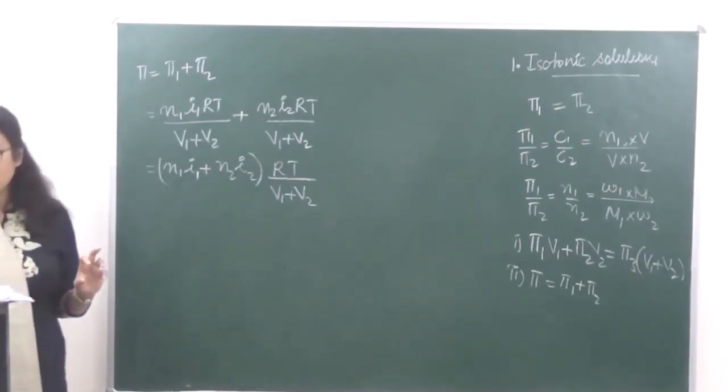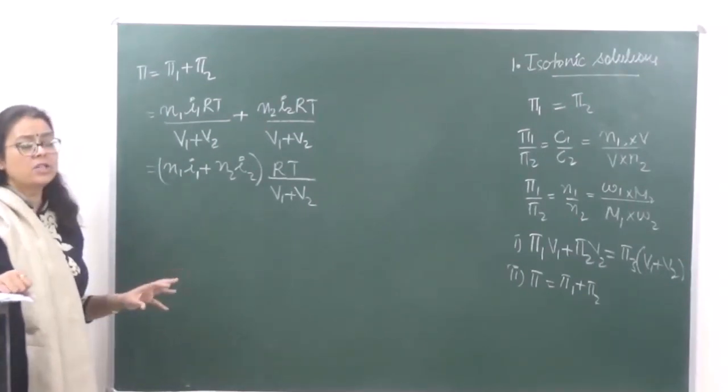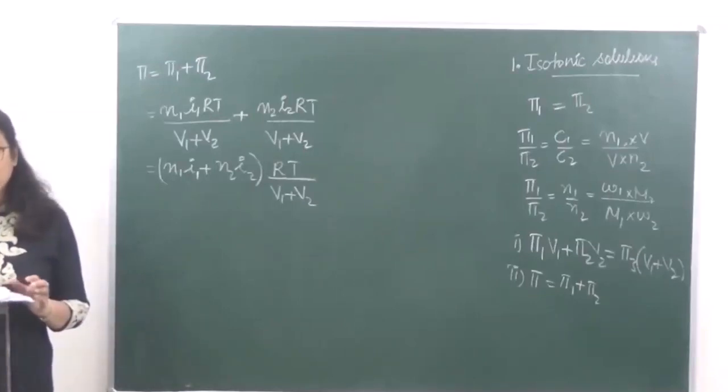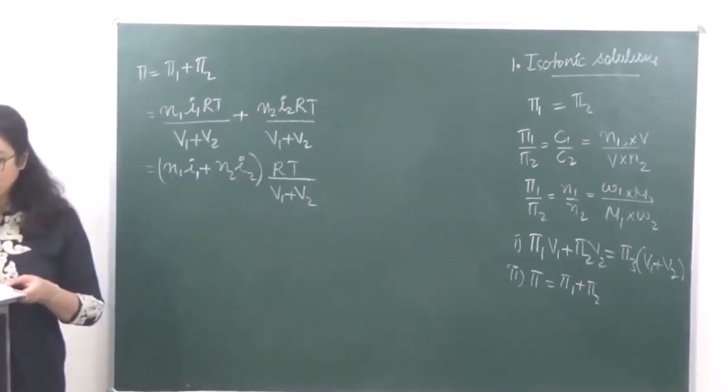Okay. Now we can say that there are many advantages of osmotic pressure in our day-to-day life. So we will just jot down a few points. You can write down.